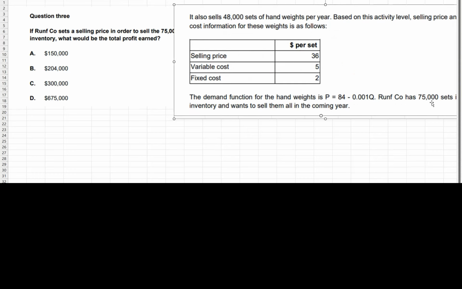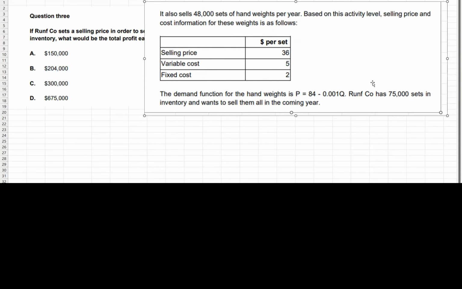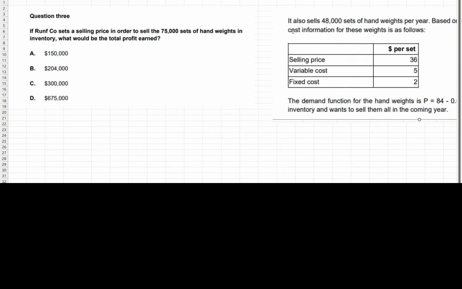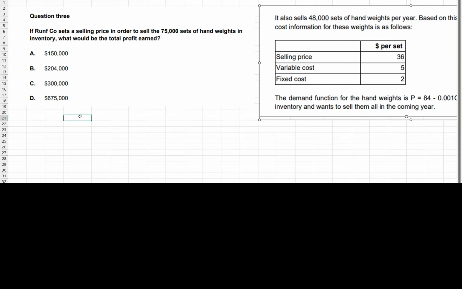The question tells us there is an inventory of 75,000. So before finding the profit by selling this quantity, we need to find the price. This information is for the 48,000, so we need to find the price for 75,000.